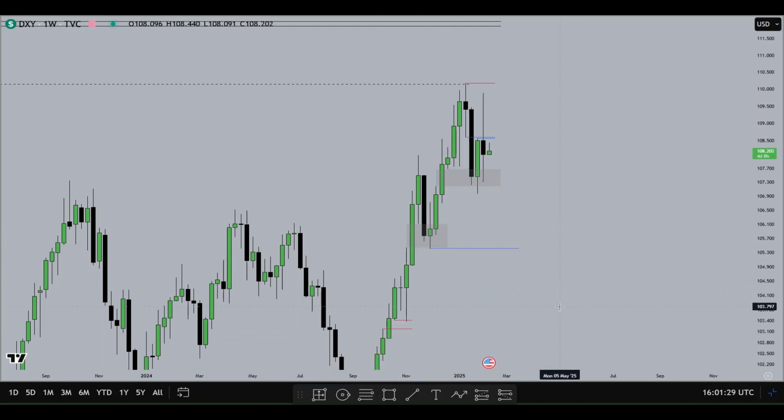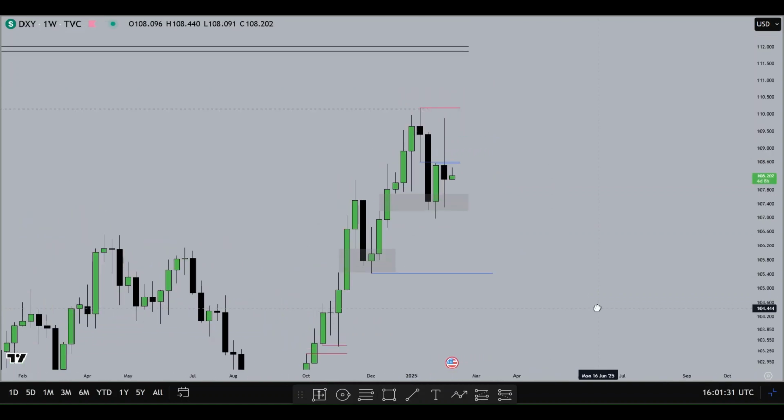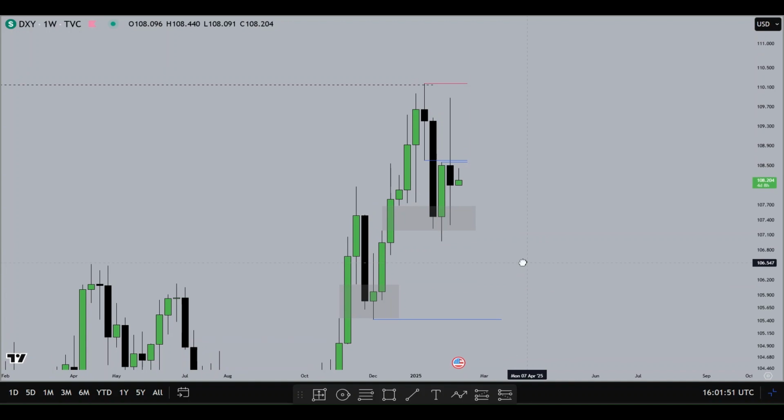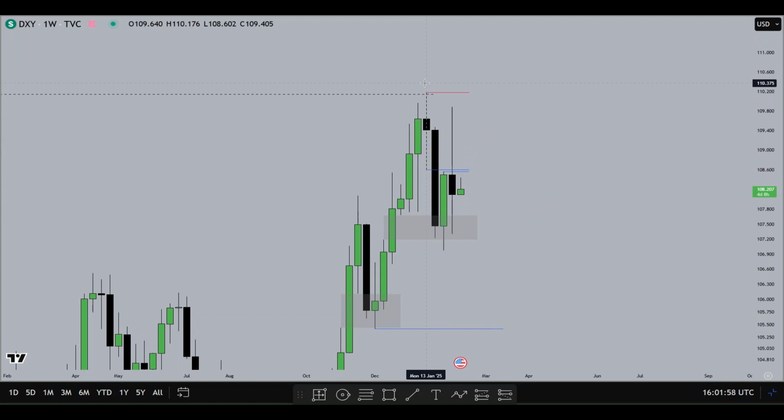See, if we have a weekly candle that closes below this level right there, it can be significant to see price potentially continue lower and take out this low. And if you have a weekly candle that closes above here, it can be the signal to see the market run over the short term high.